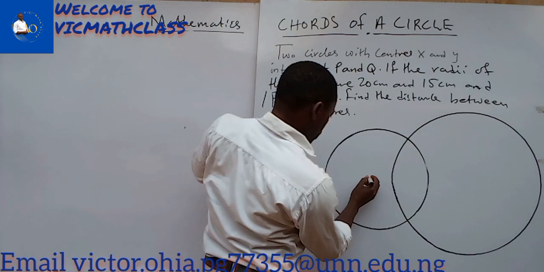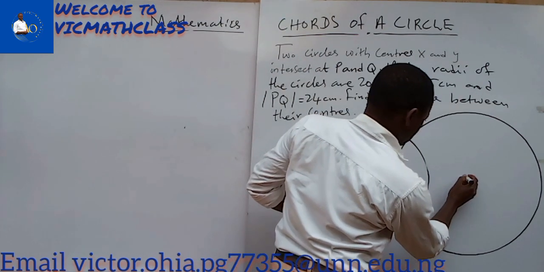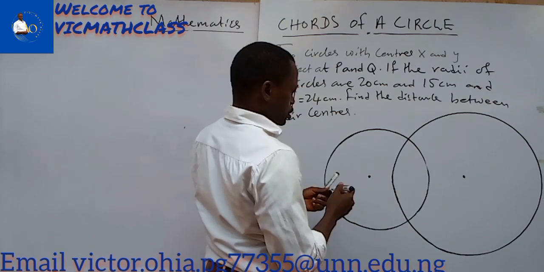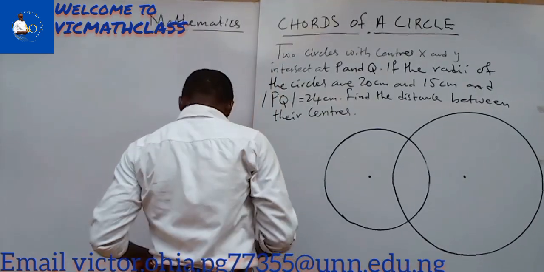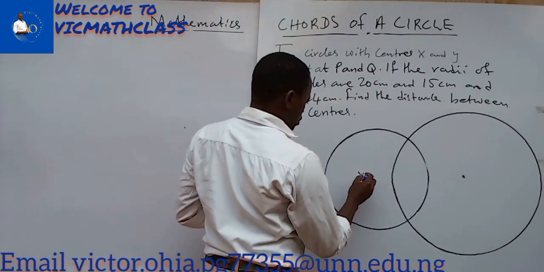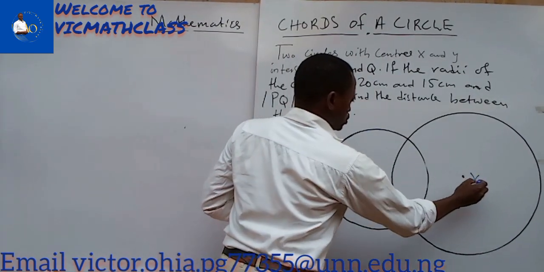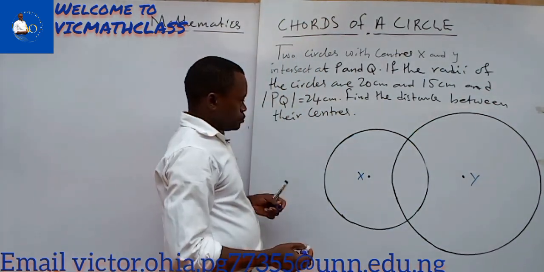Let me say somewhere here is the center of this one, and this is the center of this one. So these two centers, we are going to label them X and Y.